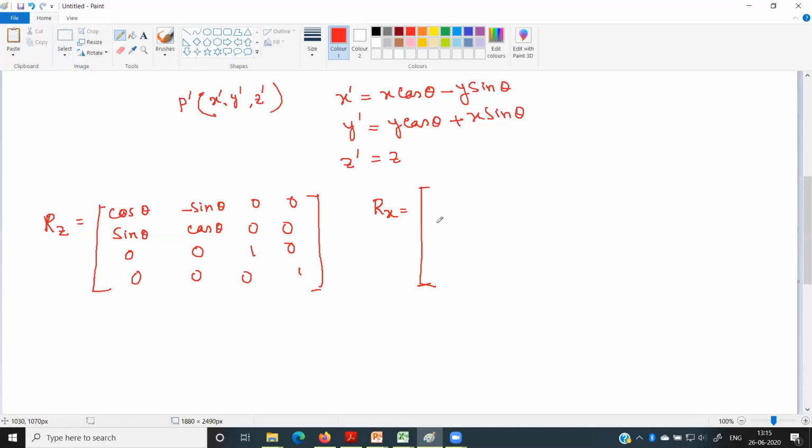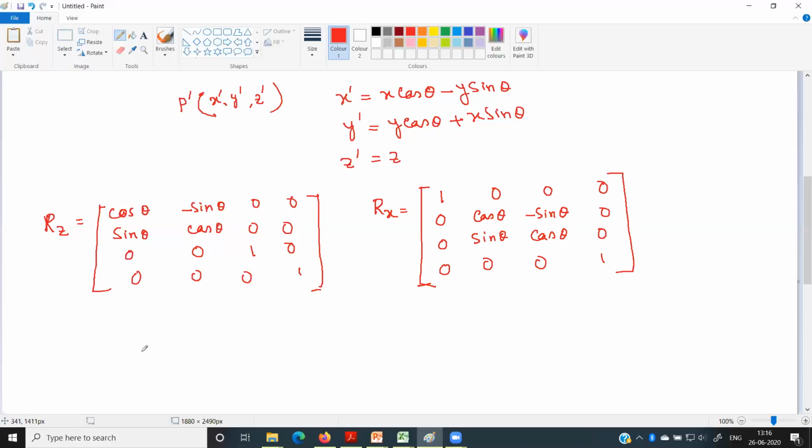So we can write 1, 0, 0, 0; then 0, cos theta, minus sin theta, 0; then 0, sin theta, and so on. You can derive it in the same way as I derived the previous one, then 0, 0, 0, 1. Okay, so this is the rotation matrix.